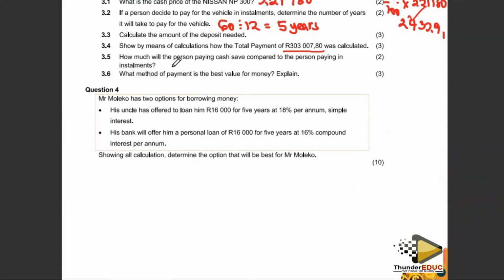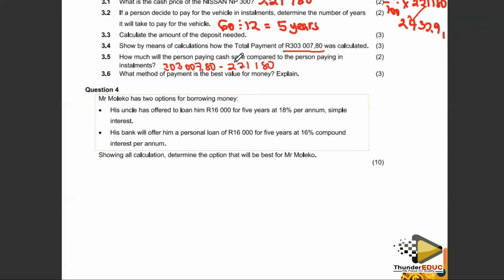How much will the person paying cash save compared to the person paying in installments? So simple. Get the money the person paying in installments would have paid at the end of the 5 years, minus the cash money, which is 221,180.